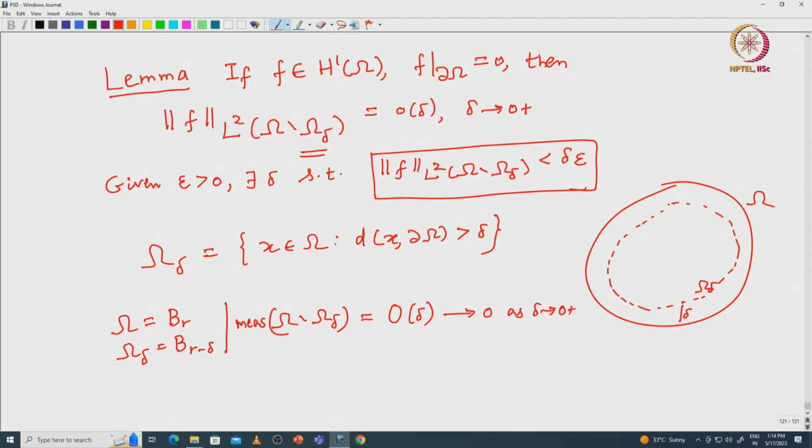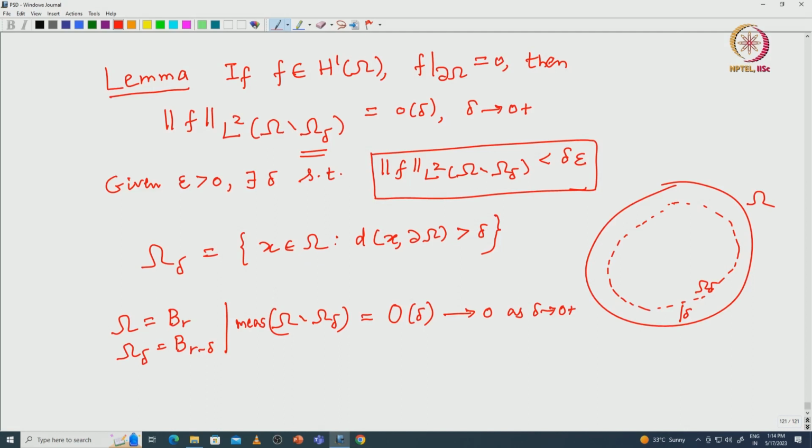So, the measure of this region omega minus omega delta can be made as small as we please. And then by the absolute continuity of the integral, this integral can be made small, but here we need something more. The absolute continuity of the integral only gives less than epsilon, but not delta epsilon.